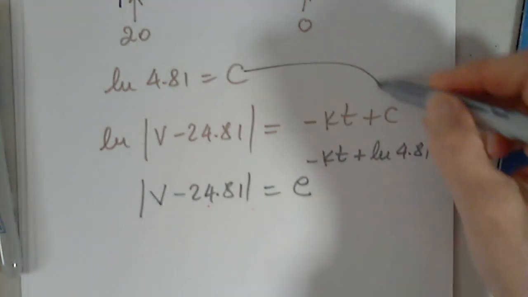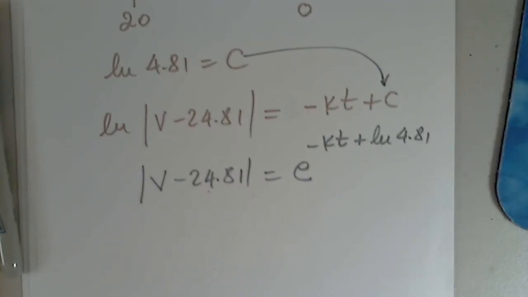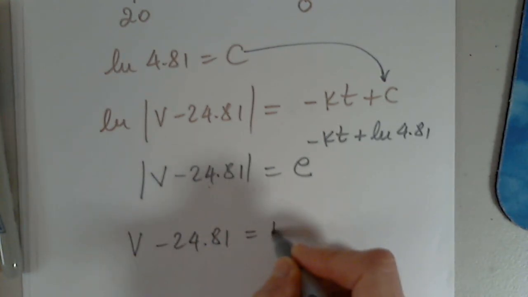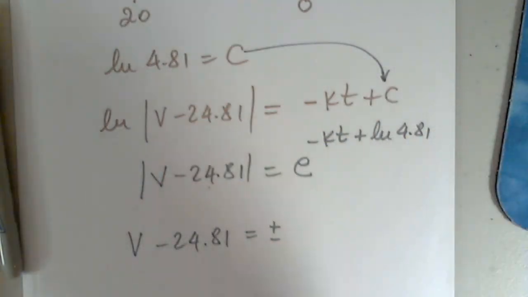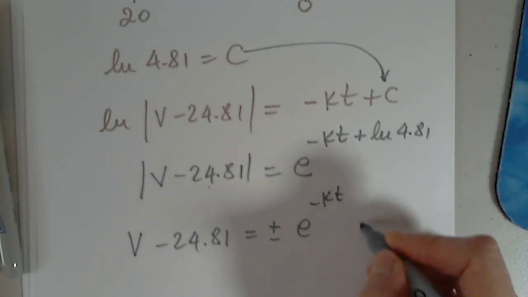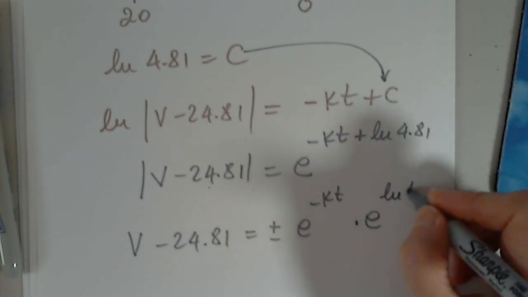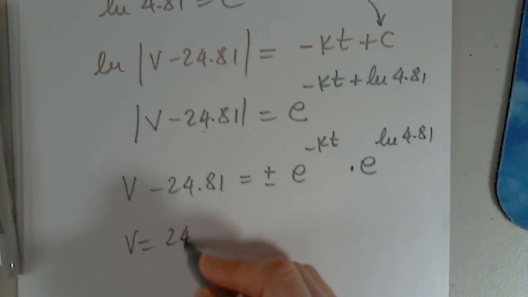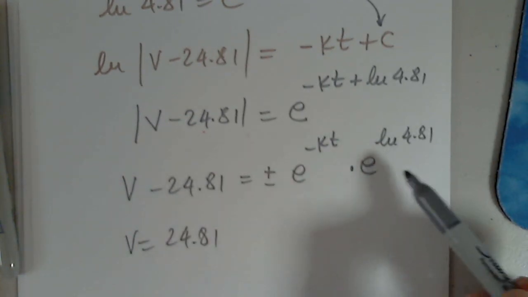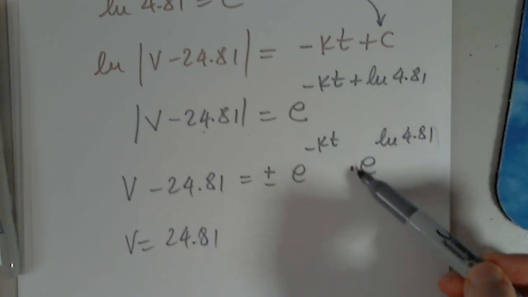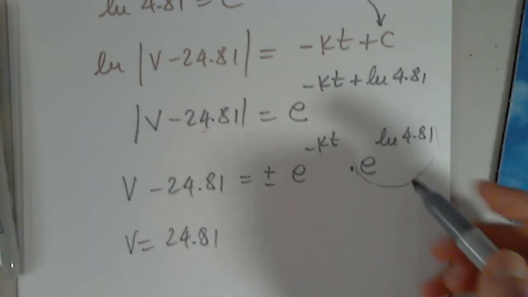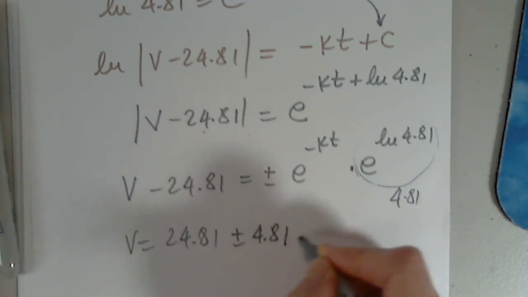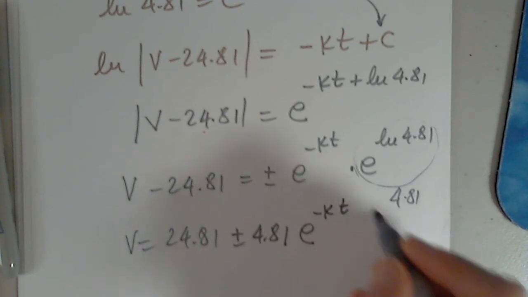I replaced c by natural log of 4.81. So now V minus 24.81 should be plus or minus. I will separate like I did before, e to -kt times e to natural log of 4.81. So V equals 24.81, this happens to be 4.81, so plus or minus 4.81 e to -kt.